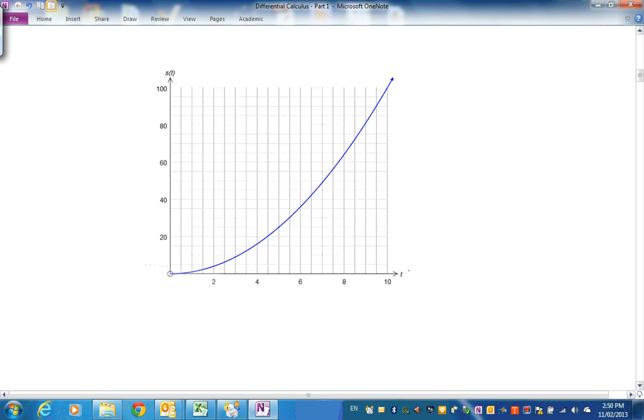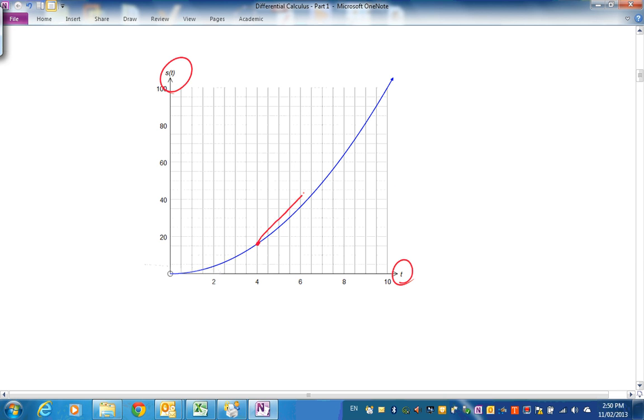Oh, what's happening now? There's time, there's displacement, but the graph of displacement against time is a curve. So, what is the velocity at t equals 4? What is it? Hey, I don't know. Oh, I can work it out.